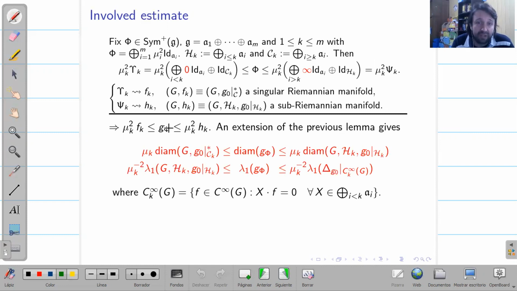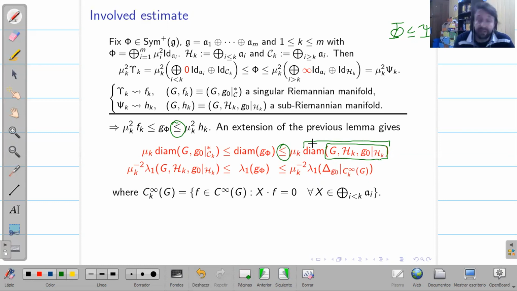Remember, we have a lemma at the beginning that if this happens, the same inequality with the diameter holds, and the reverse inequality with lambda 1 holds. Well, here we have something similar. The diameter is the analogous, right? This inequality holds with the diameter of the sub-Riemannian manifold.